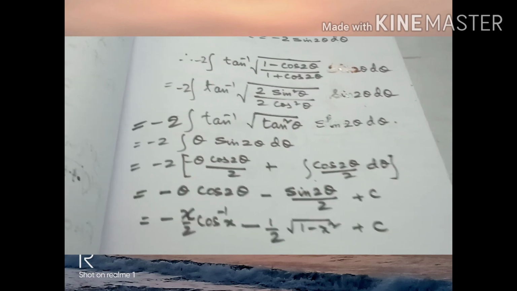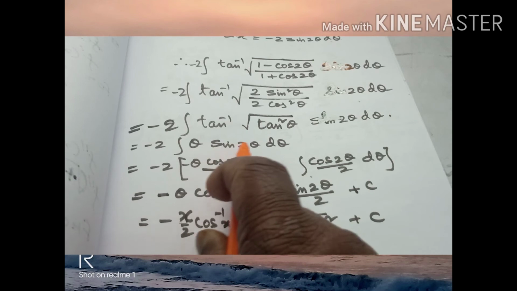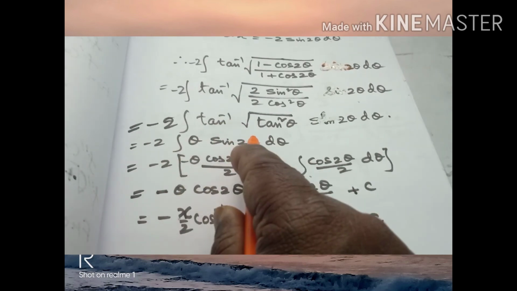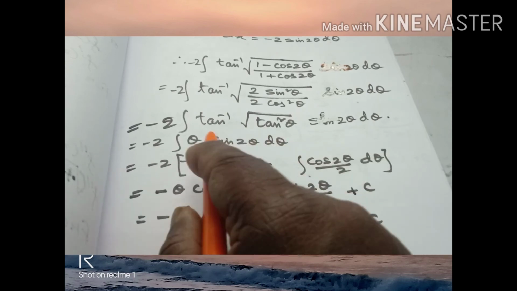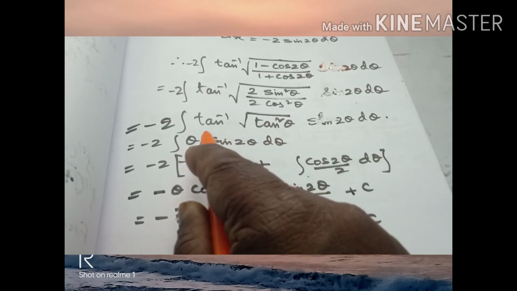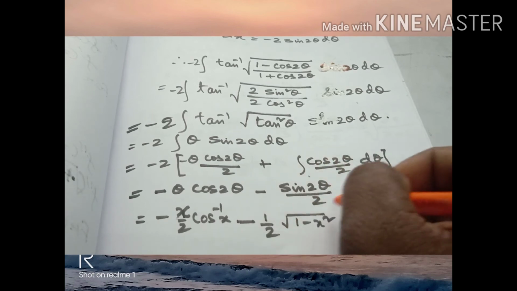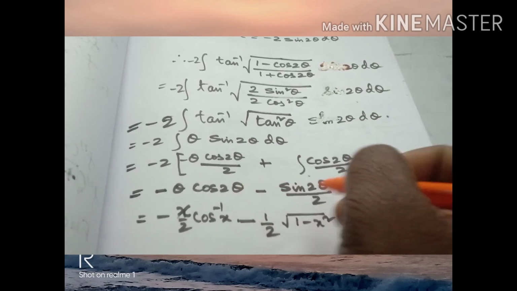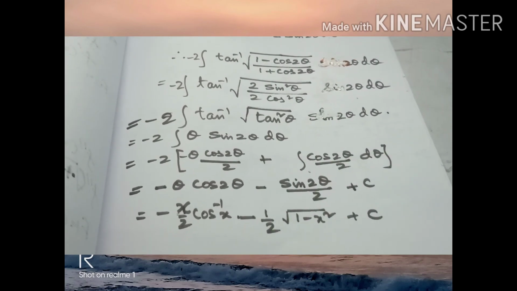So ultimately we have to use integration by parts: first function into integration of second function minus whole integral of the derivative of the first function into integration of the second function. So on integrating and putting the value, we get this final result.